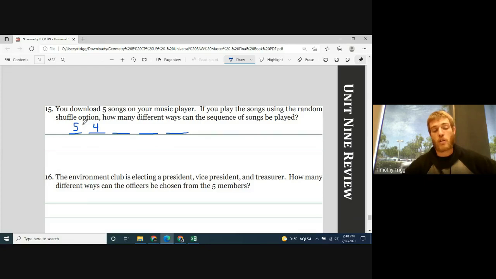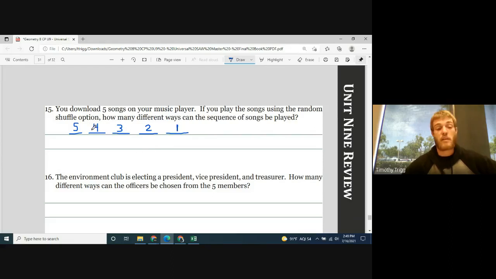Similarly, after 2 of the songs have been played, there's only 3 options for the third song, only 2 options for the fourth song. And once you've heard the first 4 songs, you already know what the 5th song is going to be. So this one doesn't have an option. There's only 1 option for it.